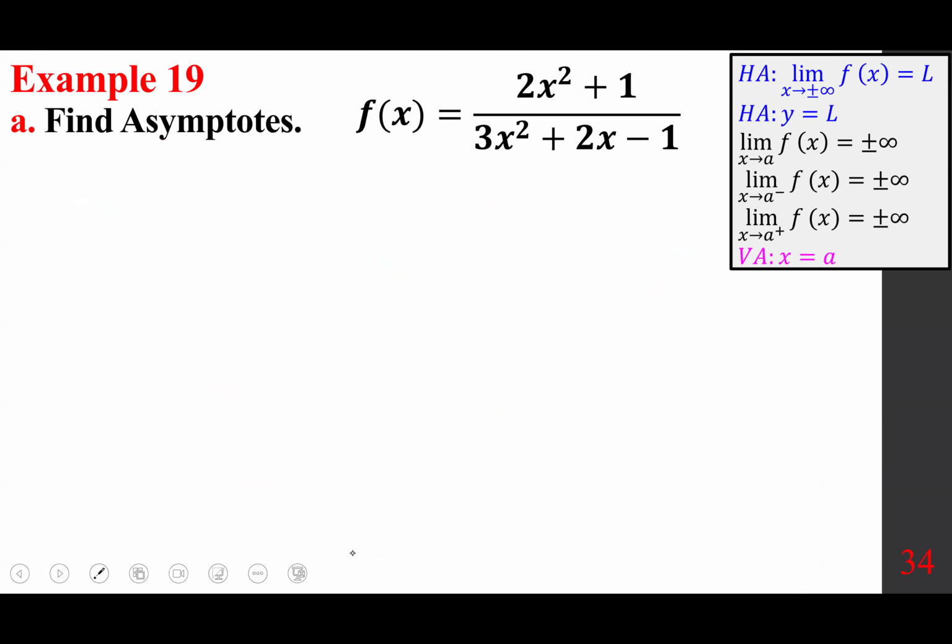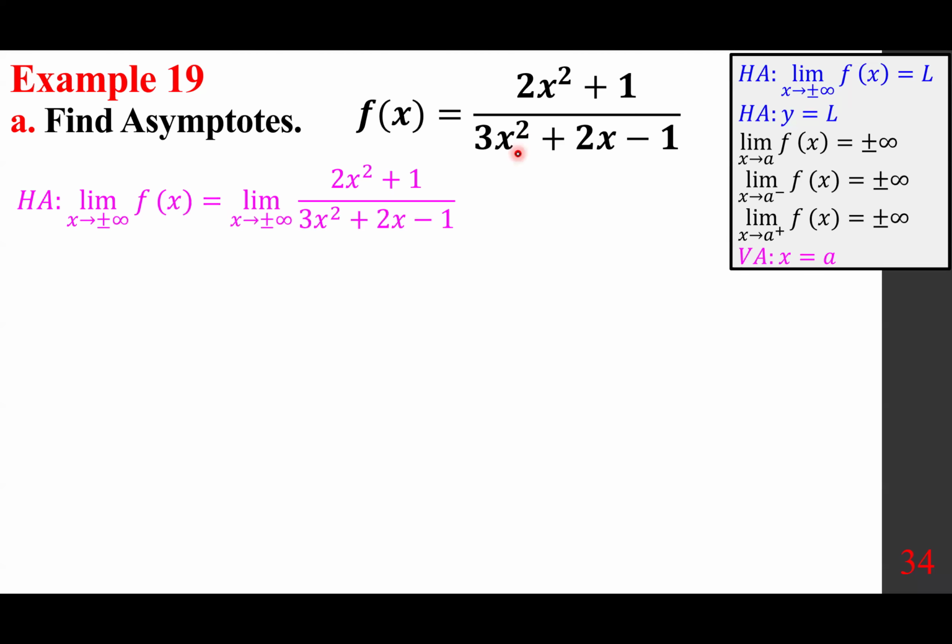Find asymptotes. Well, you're going to take the limit of the function as x approaches plus or minus infinity for the horizontal asymptotes. And to do so, you are going to divide the top and the bottom by the highest degree term in the denominator, which is x squared.